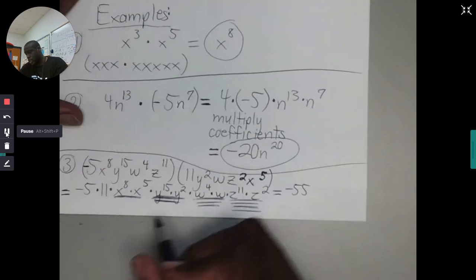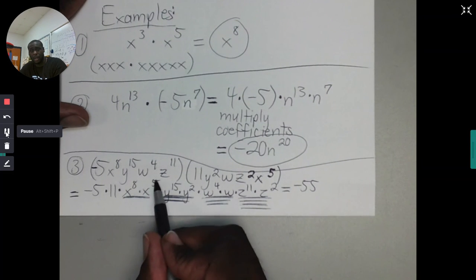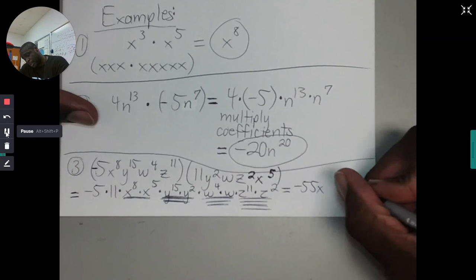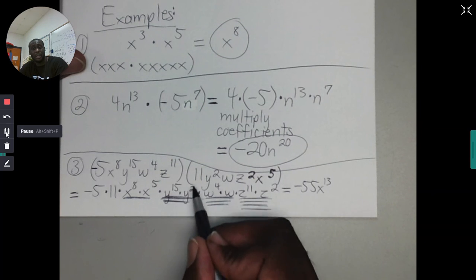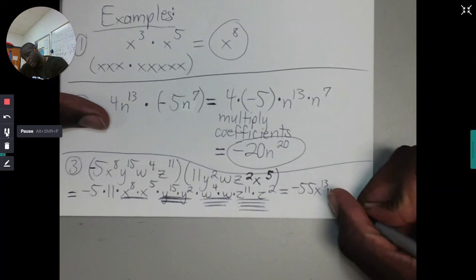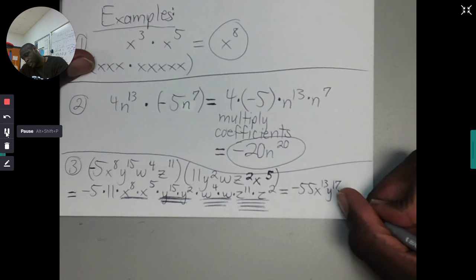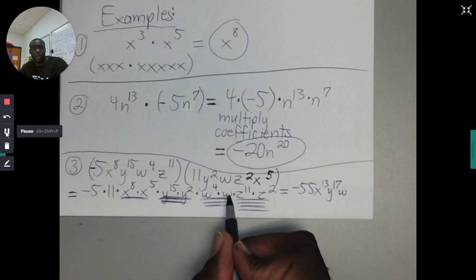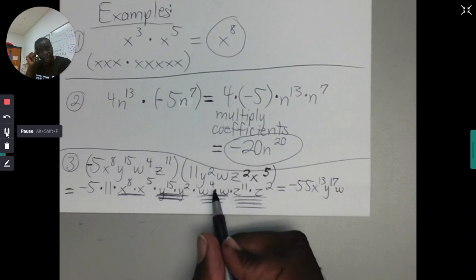Okay, so when we put this together, there are 8 x's here and 5 x's beside that, and so all together that makes 13 x's, 15 y's, and then another 2 y's. That's a total of 17 y's, 4 w's, and then another one. So again, we can see here that's only 1 w and another 4.